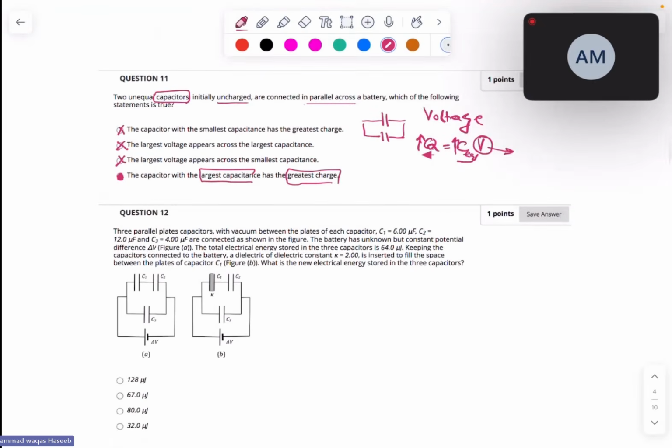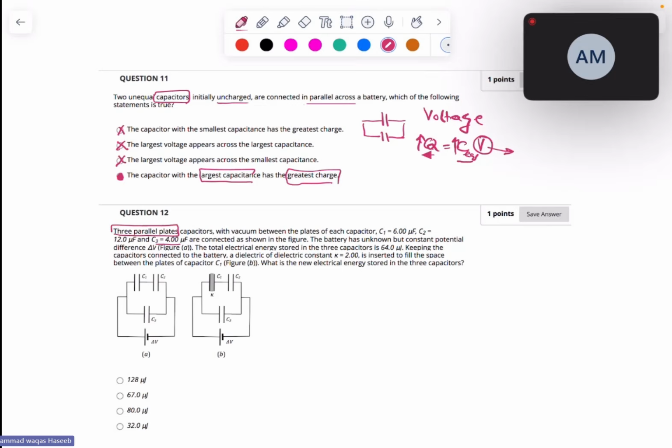Okay. Now moving on to question number 12. Three parallel plate capacitors, C1, C2, and C3, with vacuum between the plates of each capacitor, are connected as shown in the figure.